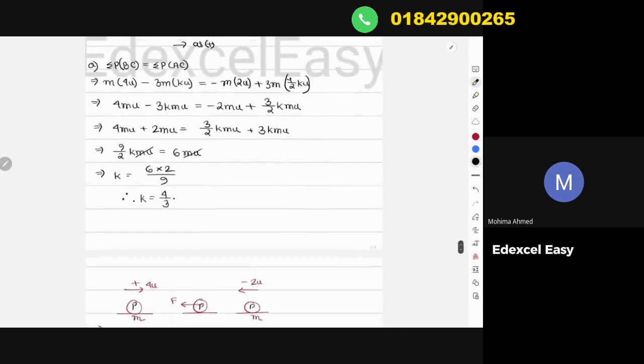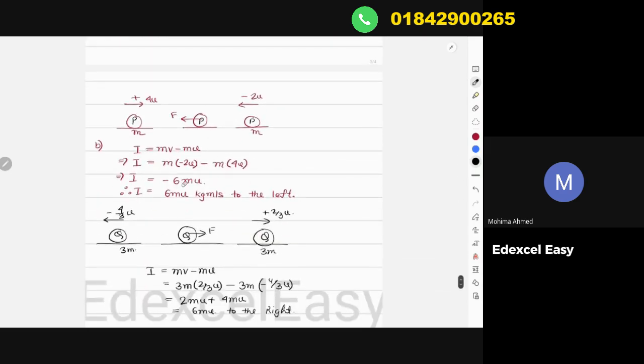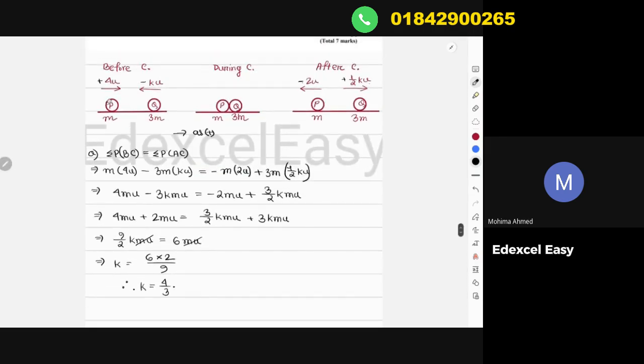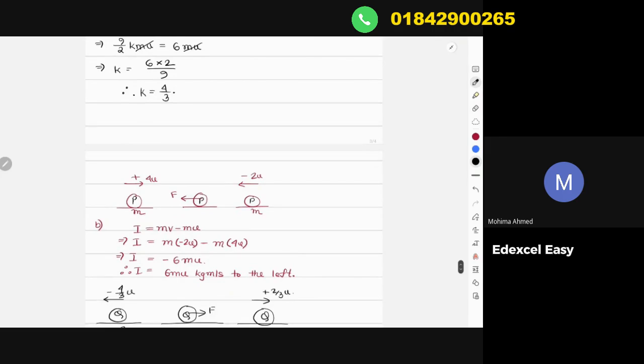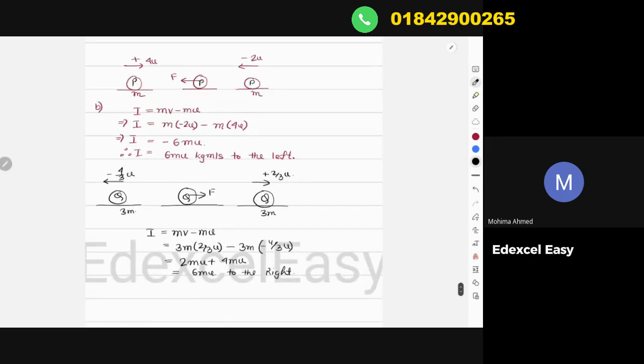So according to your assumption, an impulse of 6mu to the left will act on particle P. But in someone else's assumption, you might consider that as particle Q and that as particle P. So for this kind of question where they have not given you the diagram, you can assume any direction, and according to your assumption, you're supposed to get the same value of impulse for the two particles, but they will have different directions, plus and minus, left or right.